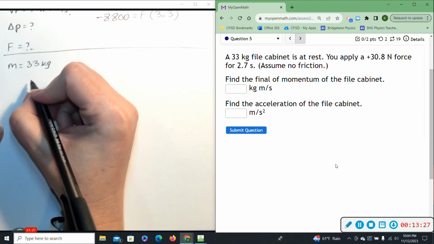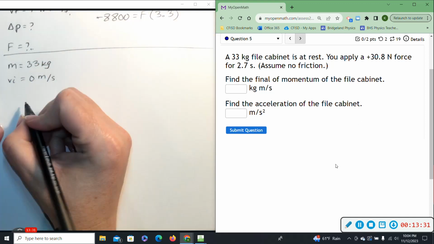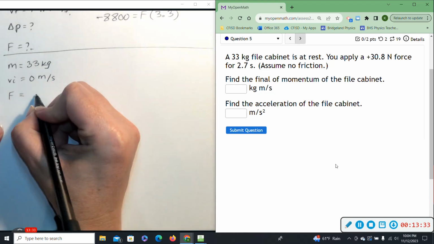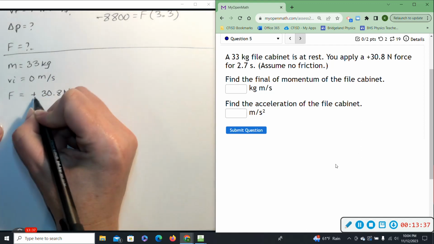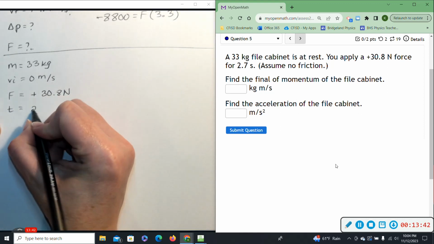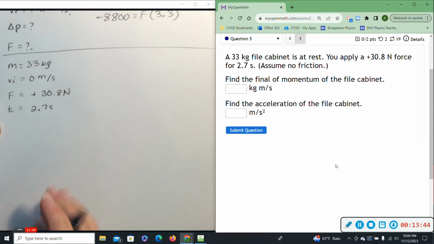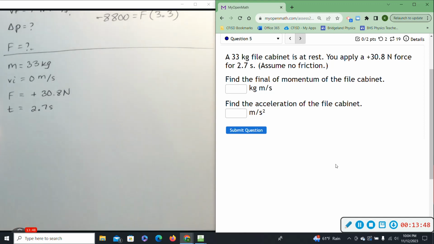We know that it is initially at rest, so the initial velocity is 0 meters per second. We know that we have a force of positive 30.8 newtons. We know that that force is applied for a time of 2.7 seconds. And we want to find the final momentum of the filing cabinet.